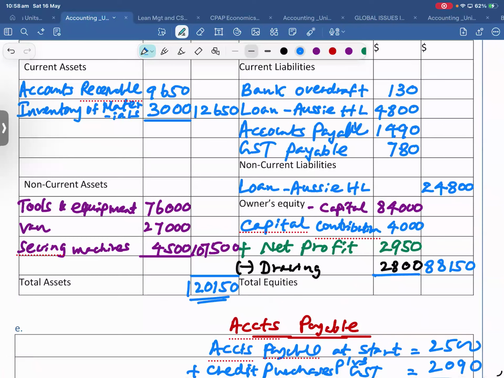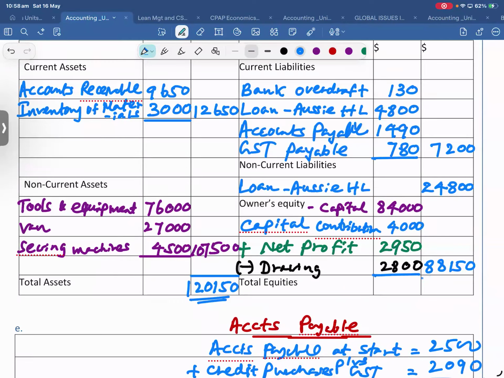However, I had to add the current liabilities as well. So then I'm getting 7,200.